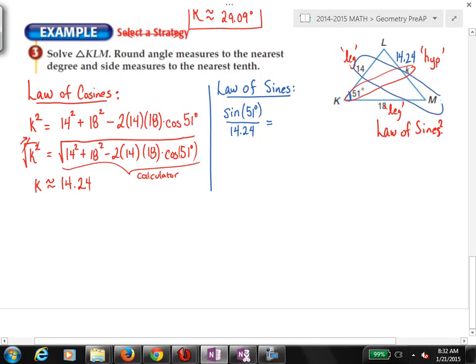All right, let's go with M. So if I try to solve angle M, it's going to be sine of m, or you can use any variable x that you like, over 14. Now, since I'm finding an angle, I know I have to use inverse trig, but still, let's cross multiply. First one with the angle. So 14.24 times sine of angle M is equal to 14 times sine of 51 degrees.